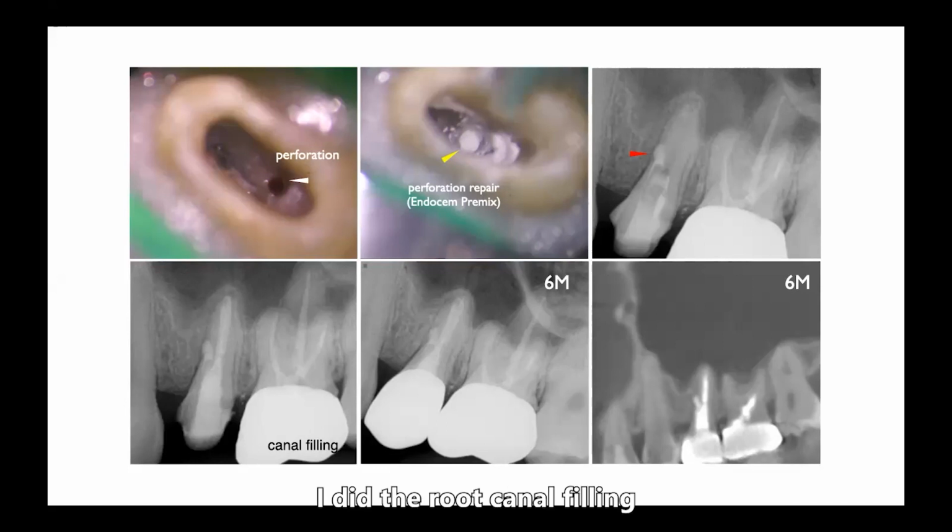I did root canal filling, and the patient's symptom disappeared completely. After 6 months, the patient did not have any symptoms, and the sinusitis was completely healed in the cone-beam CT scan image.